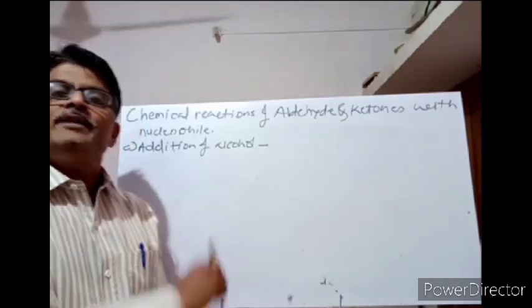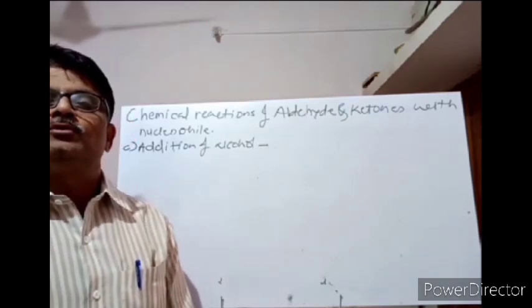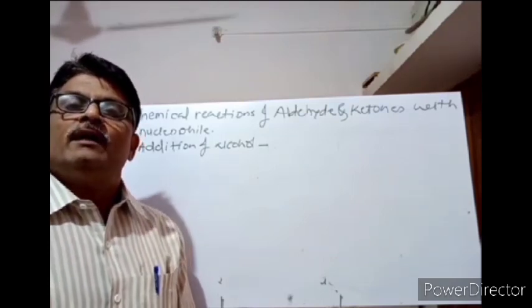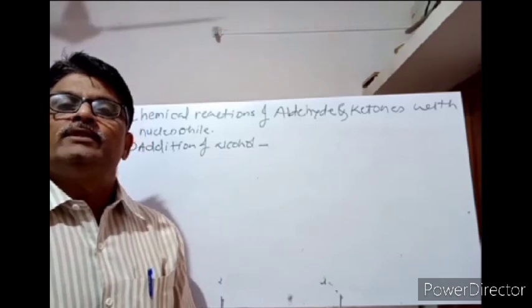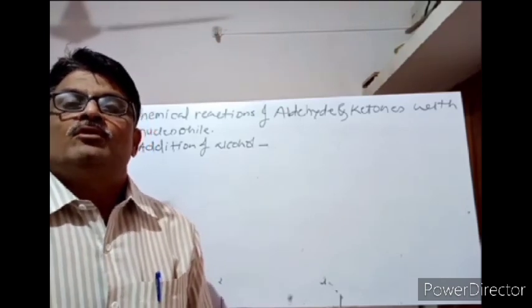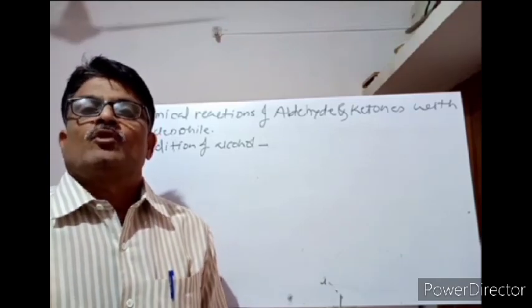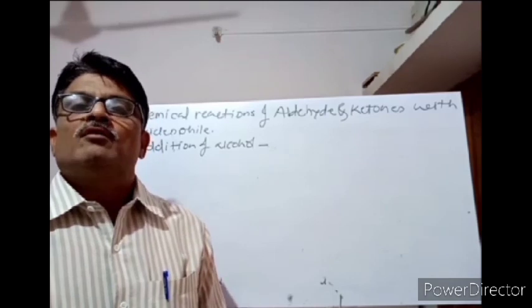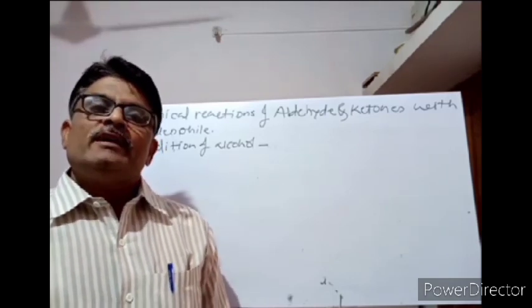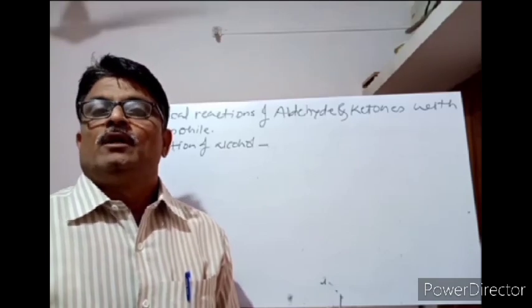There is another reaction, that is addition of alcohol. Aldehydes and ketones, especially aldehydes, react with monohydric alcohol in presence of anhydrous hydrogen chloride, forming a monoalkoxy compound called a hemiacetal, which is unstable.